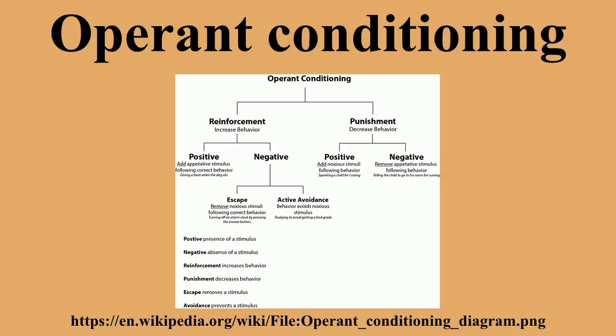Stimulus control of operant behavior. Though initially operant behavior is emitted without reference to a particular stimulus, during operant conditioning operants come under the control of stimuli that are present when behavior is reinforced. Such stimuli are called discriminative stimuli. A so-called three-term contingency is the result.